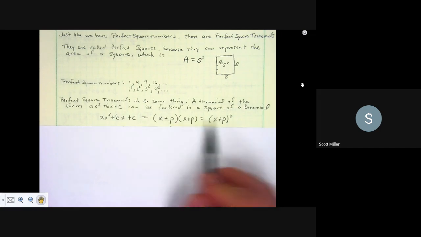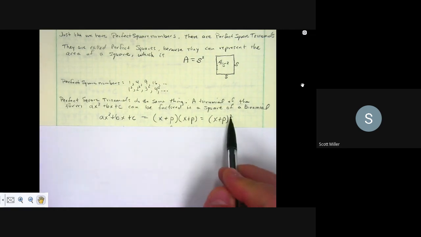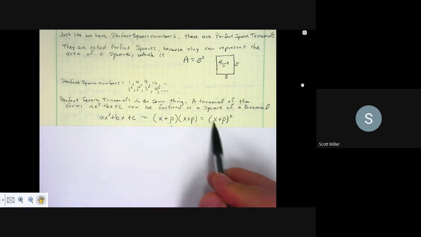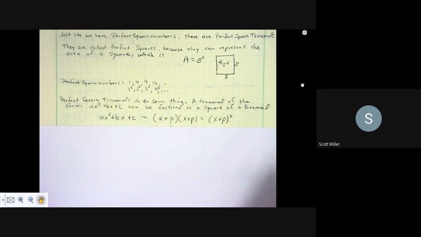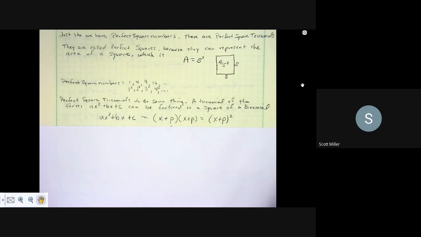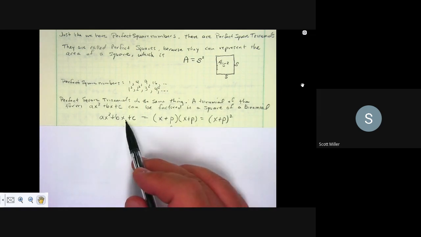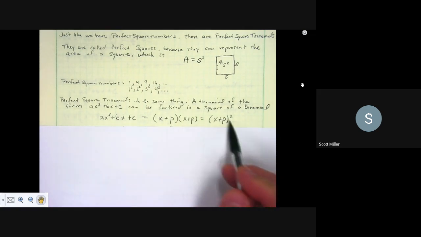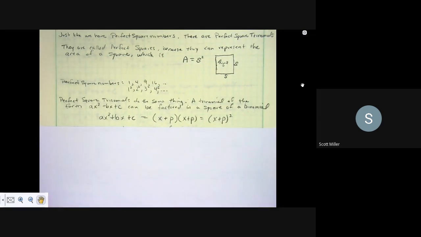So then I can write it as a square of a binomial. Two terms is a binomial. This is a binomial squared, or the square of a binomial. That's the process we're using for completing the square for quadratics. We're going to take something that looks like that and write it as something squared, maybe plus or minus something on the end. So this also represents the area of a square.